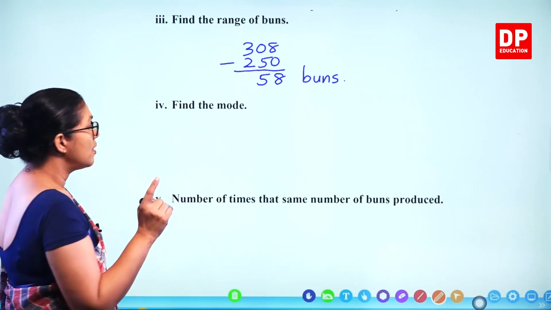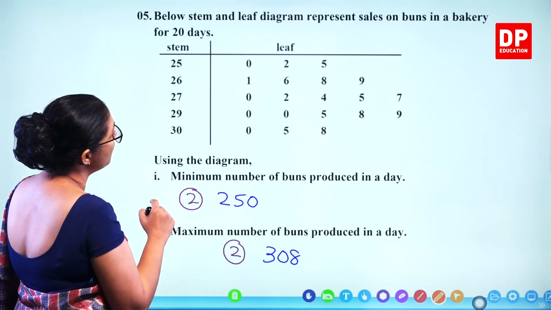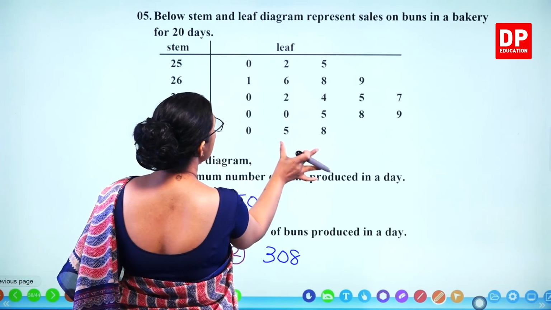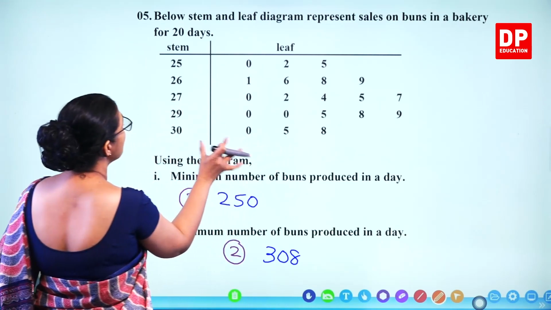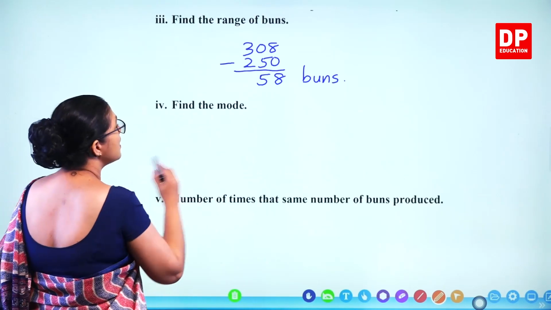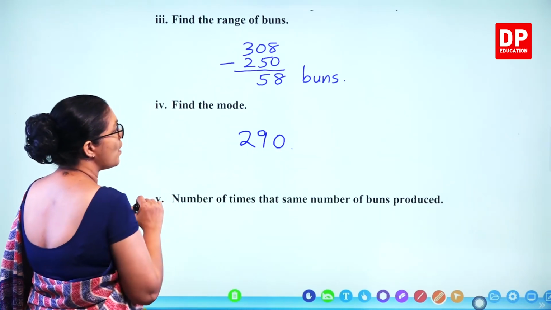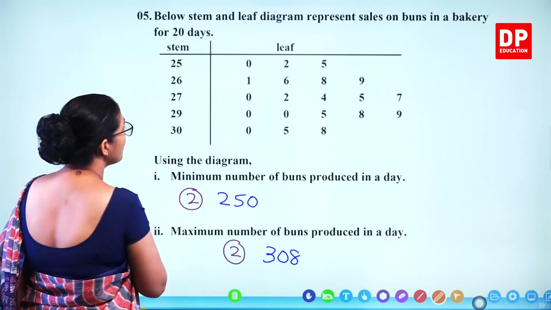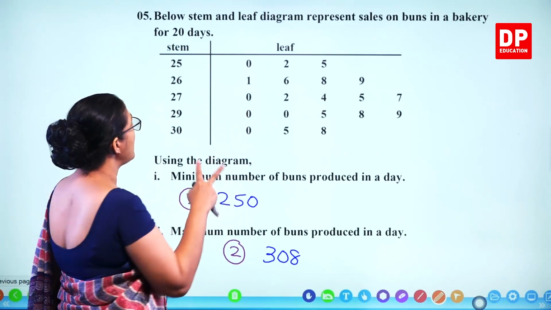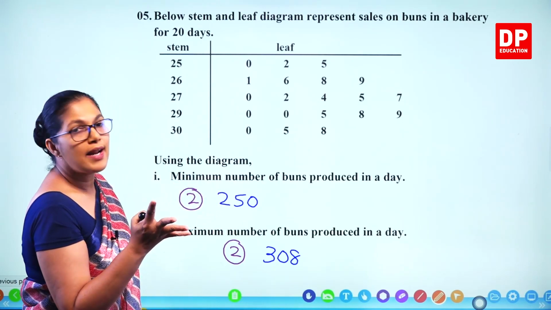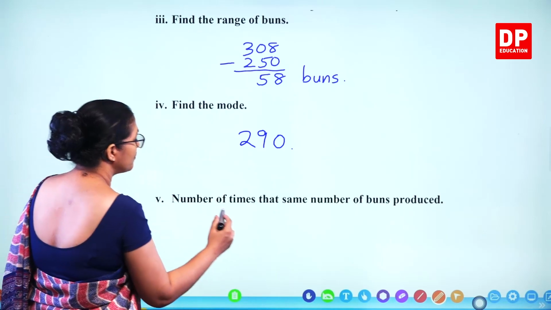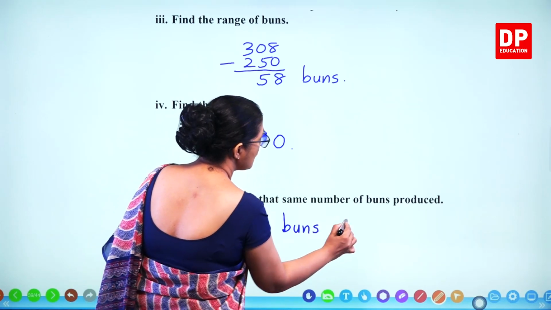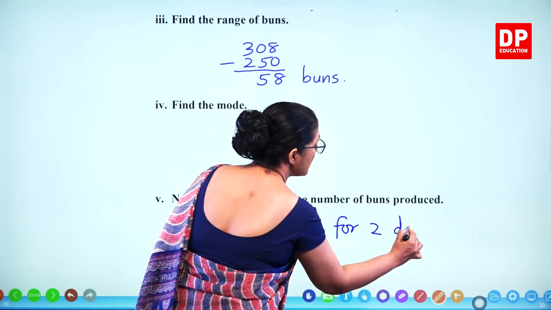Find the mode. You have to look at the diagram, the one which has the highest frequency. So here 2 zeros we are getting, all the other numbers once. So 290 buns is the mode value. The number of times that the same number of buns was produced, you are getting only 2 times the same number, 290 buns for 2 days.